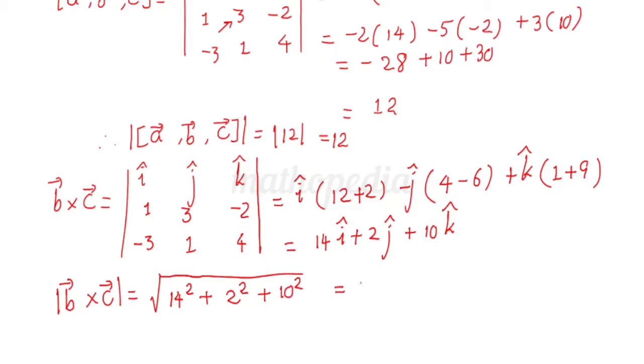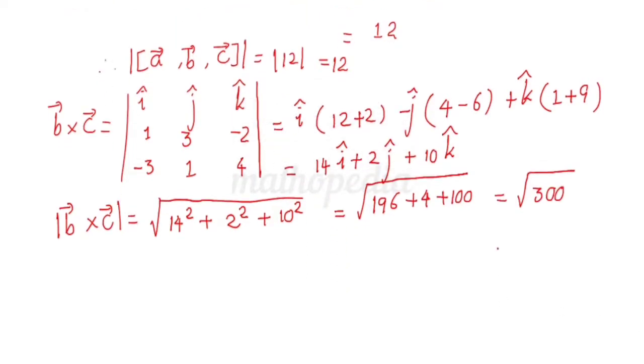So this is equal to the square root of 14 14s are 196, plus 4 plus 100. So this is equal to the square root of 300, equal to 100 into 3. So 10 root 3.